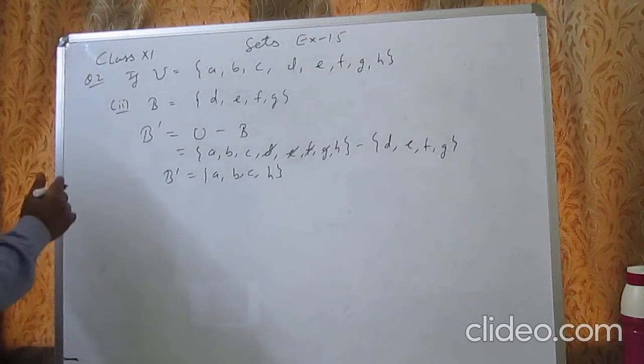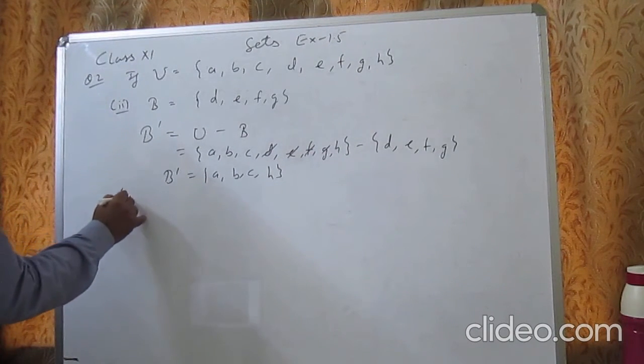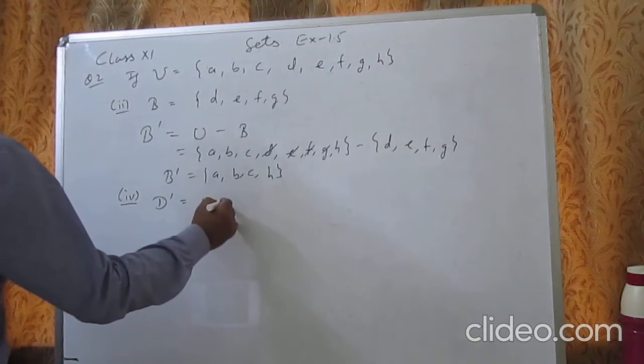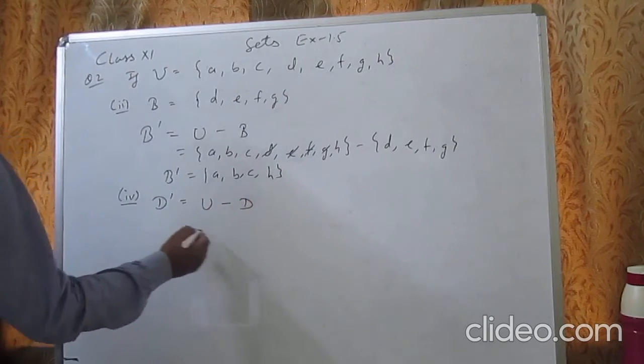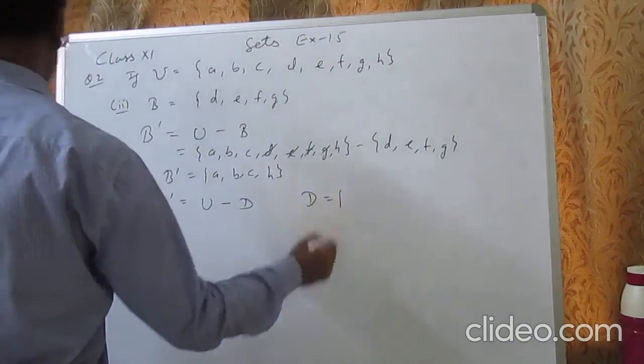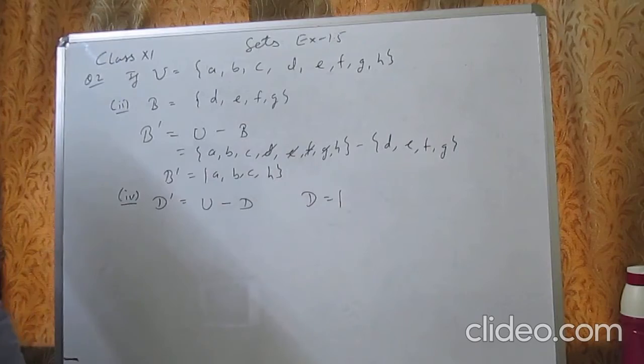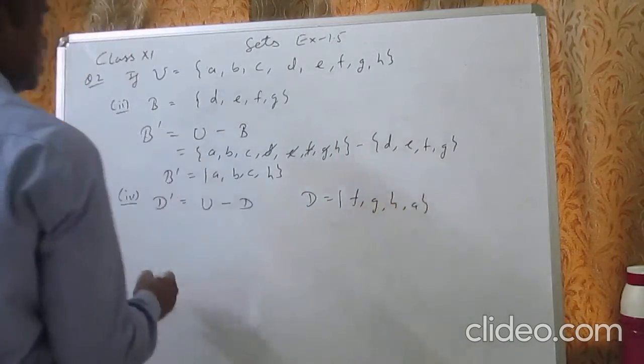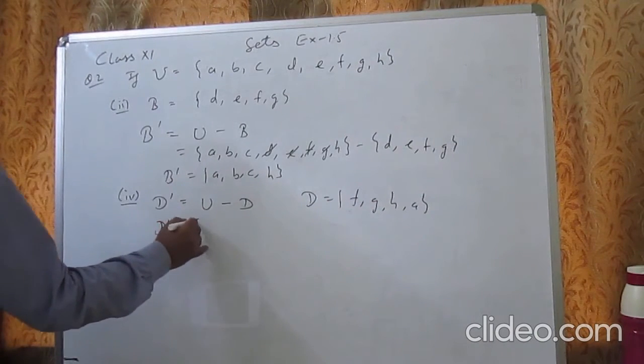Now I will take fourth part, D complement. You can calculate D complement as U minus D. So what is D? Here D is given to you: F, G, H, A. So what is the universal element?